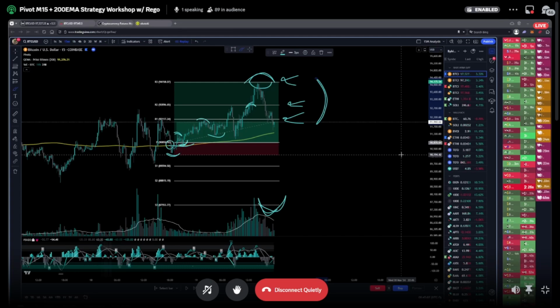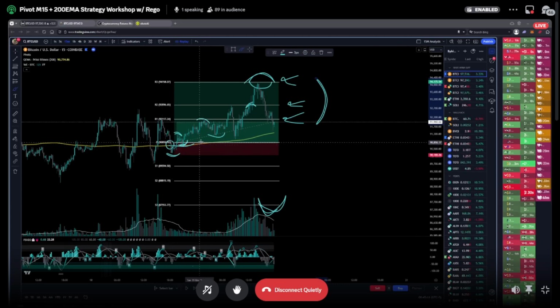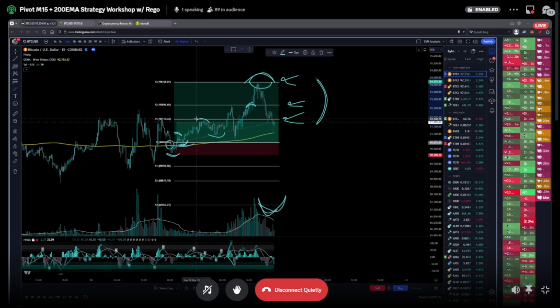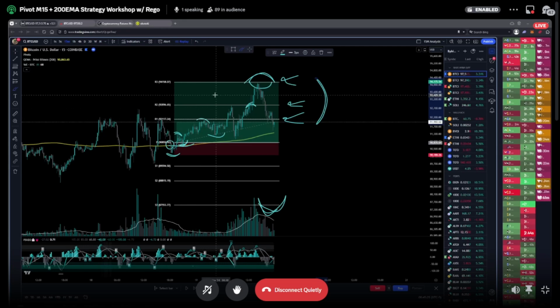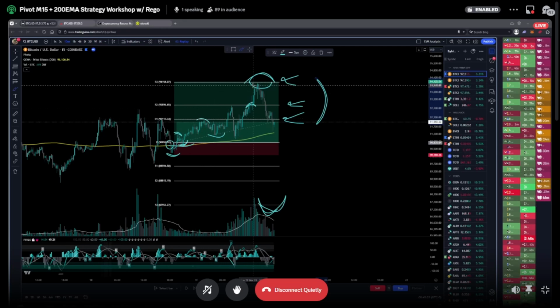There's a reason for it. It's because I don't want the moment where money was left on the table to pass me by. If I'm given the move I'm looking for, my goal and priority is to extract from the market. That's my priority. Now, how do I do that? Knowing I can't possibly determine the full take profits, I need to pay myself as I go along the way.